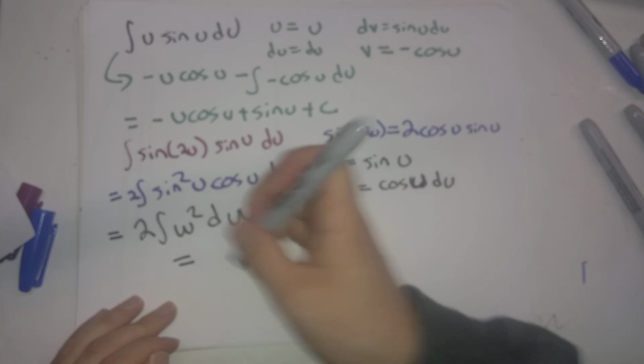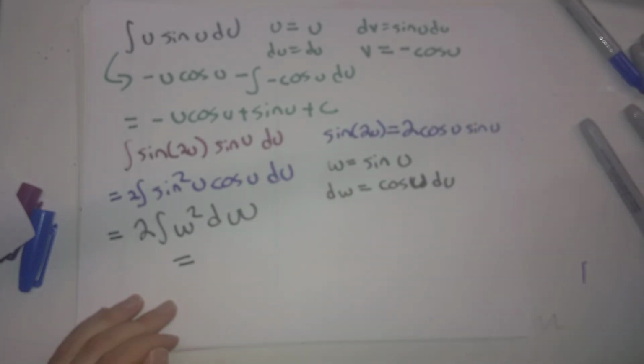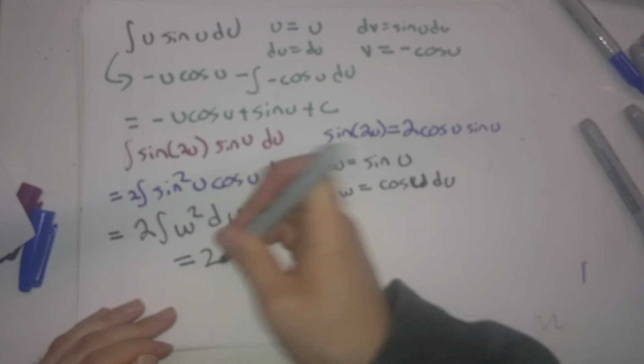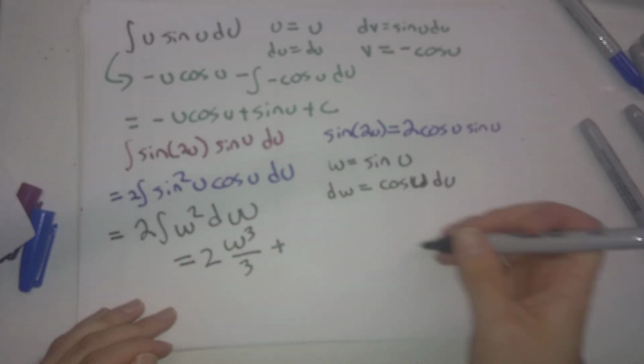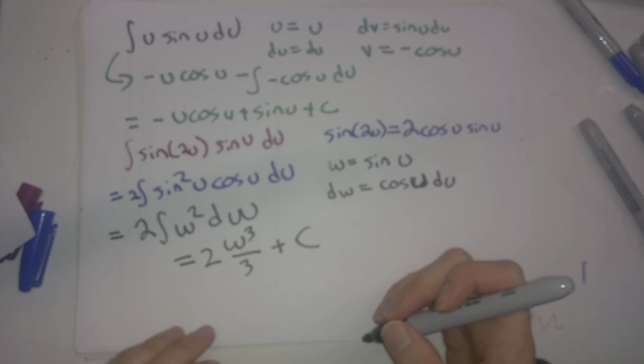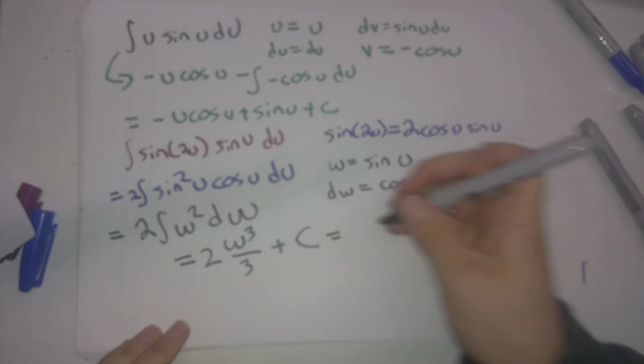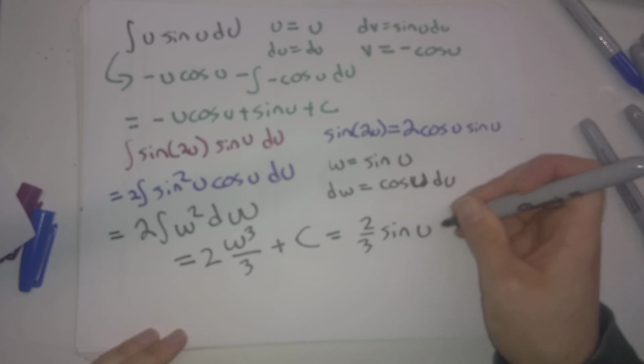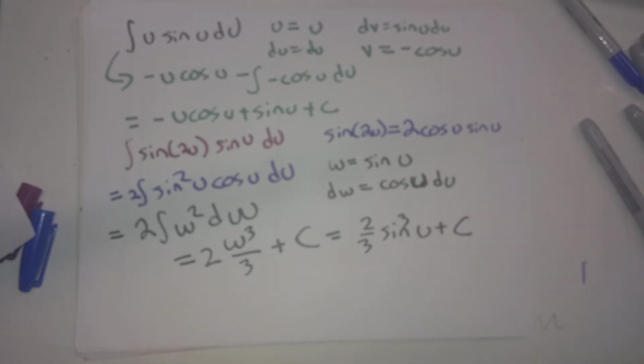And so this ends up as 2 times w cubed divided by 3, plus c. And w is sine of u. So 2/3 sine cubed u, plus c.